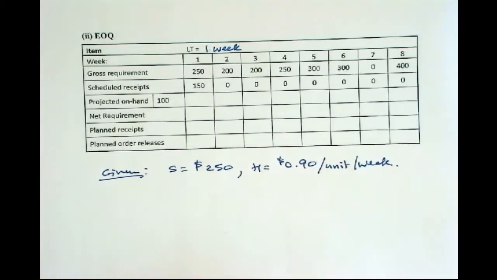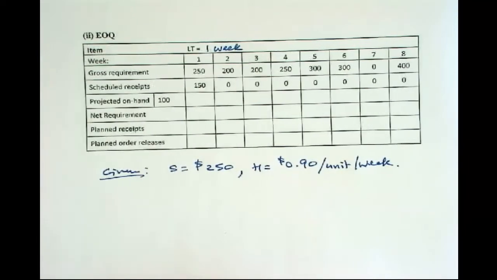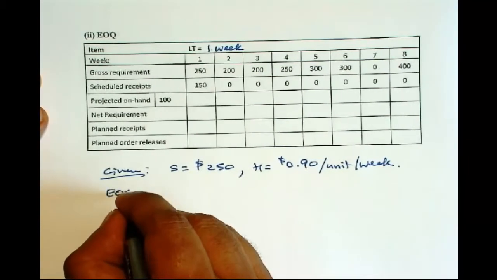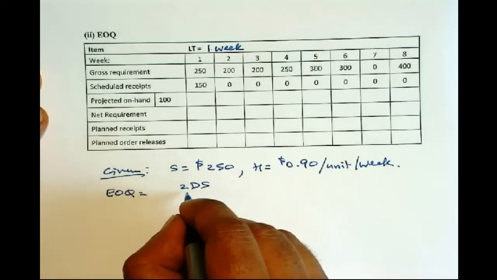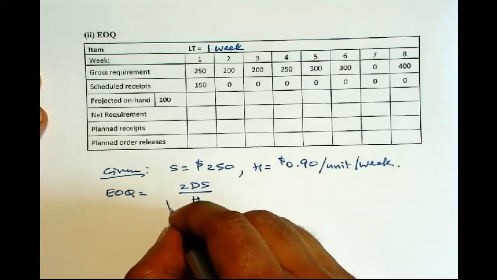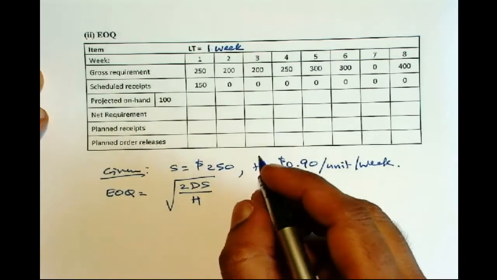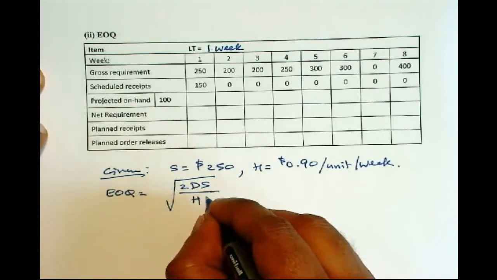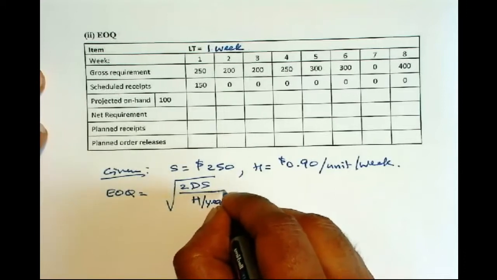Okay, EOQ formula is the square root of 2 times D times S over H. Actually this D is per year, so holding cost is per year.